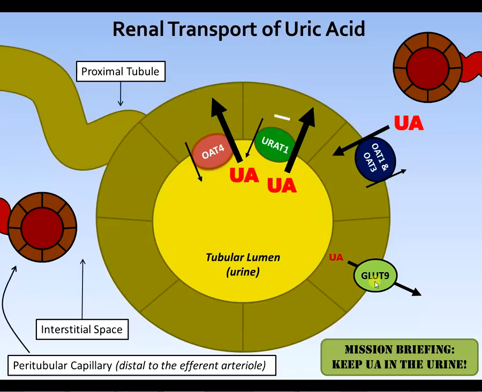Specifically, GLUT9 is important for reabsorption. So if that transporter is not functioning correctly because it's mutated, you will have less reabsorption of uric acid and more excreted in the urine. That could be beneficial, so I imagine transporter inhibitors for GLUT9 will come out in the future.